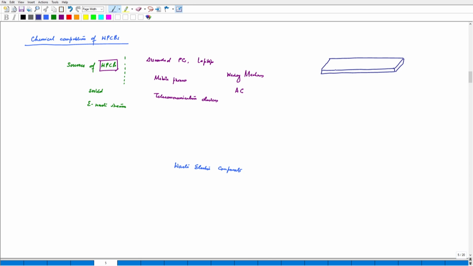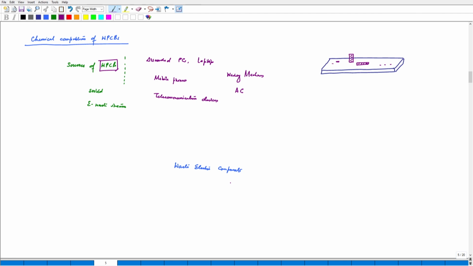So we have this board. Of course, this board itself comprises multiple layers of different materials, but we have various types of components that are attached to it, and so on and so forth.